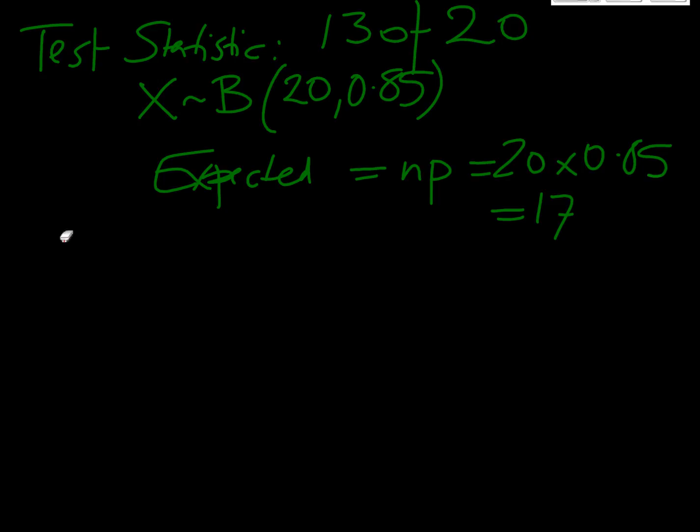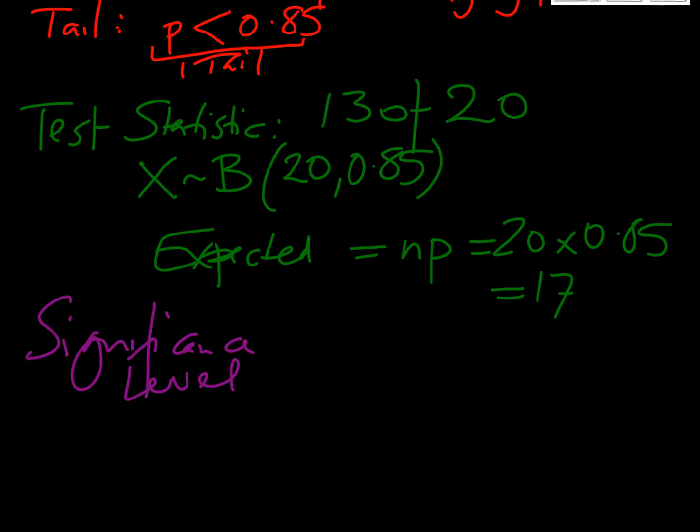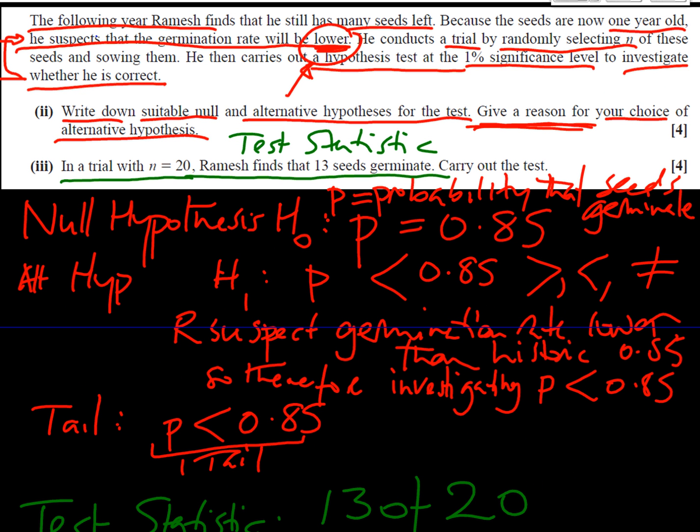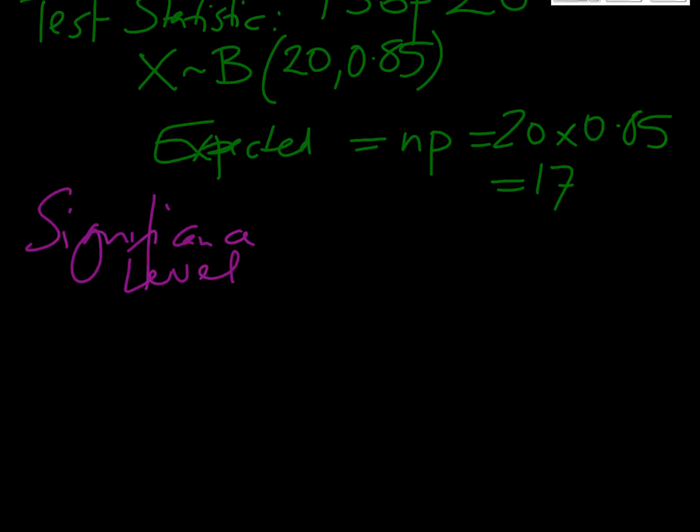Okay, let's have a quick look at our significance level. They told us in the question our significance level was, let's have a quick close up and pick it out, a 1% significance level. So there's our 1% significance level.